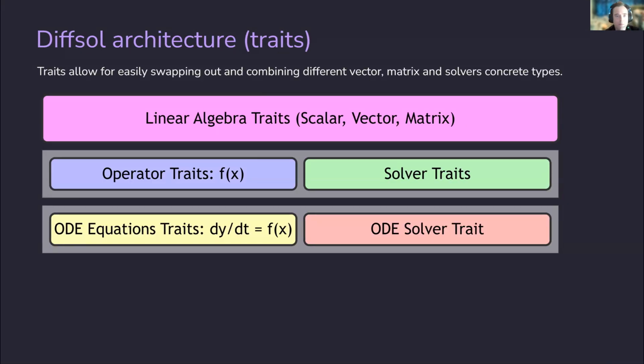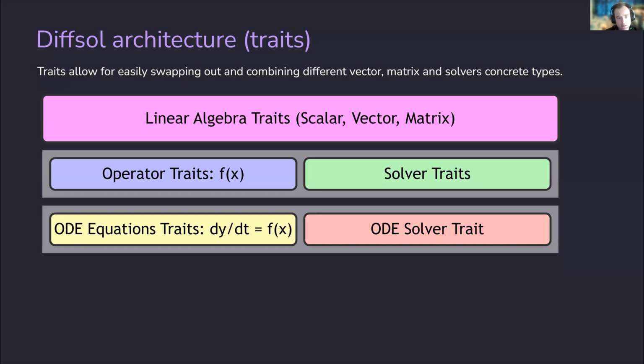Okay, so I wanted to talk a bit about the architecture of Diffsol. It's made up of a collection of traits, and this allows you to swap in and out different vector or matrix types or linear solvers or ODE solvers, for example. You can organize them into three layers. First layer, you've got a collection of linear algebra traits, representing things like scalars, vectors, sparse matrices, and the operations between them.